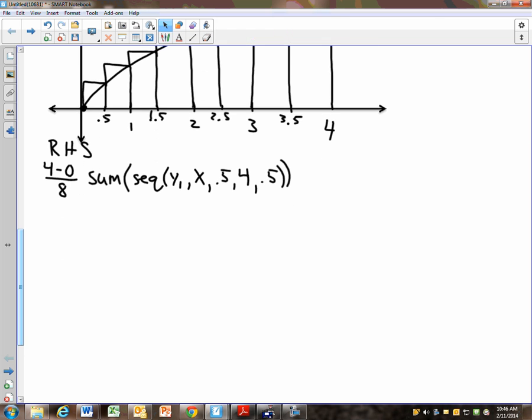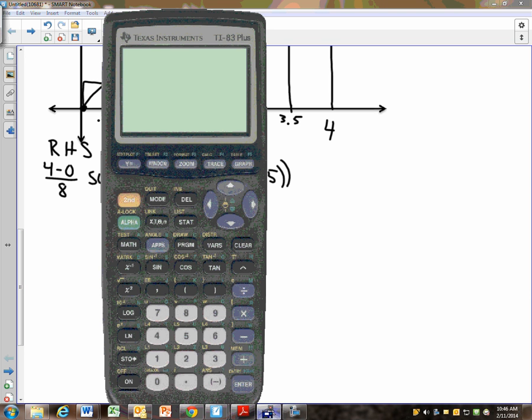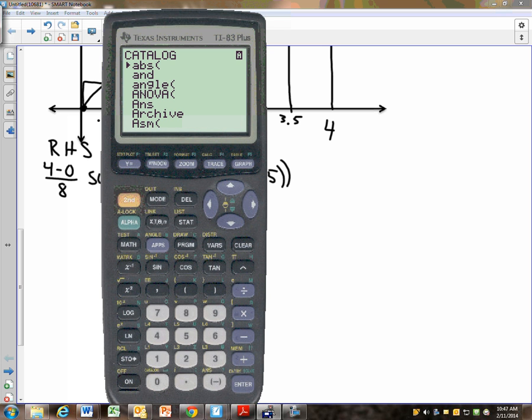Let's do it. Stupid calculator. Okay. 0.5. Second, catalog.